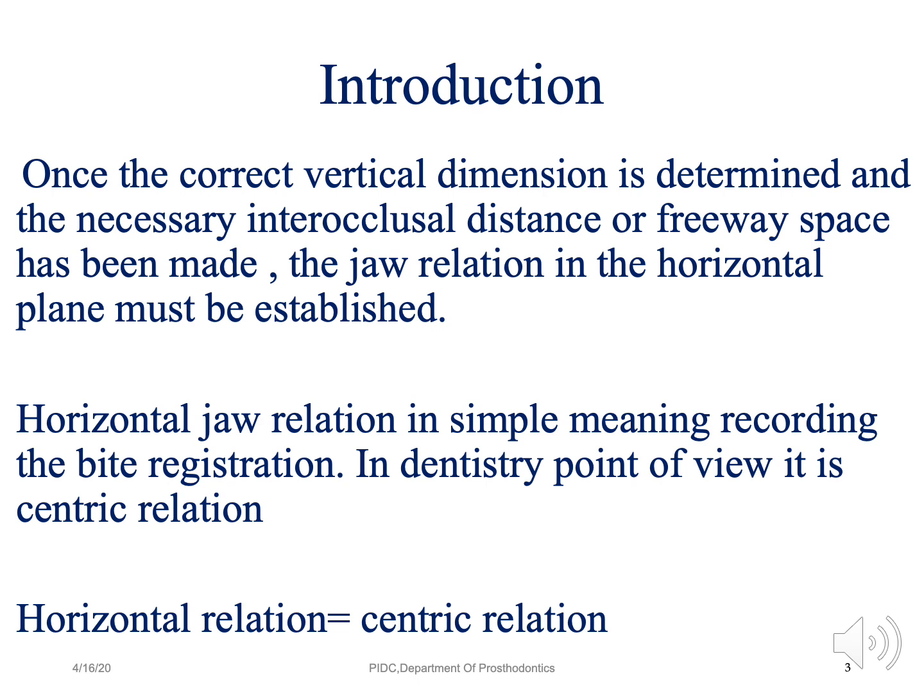That means you placed your Fox plane, got your interpupillary line parallel to the Fox plane, and your ala-tragus line parallel to the Fox plane. Once you have done this, you put your lower dentures and measured the VDO. You are all done with it. So next, what? After you have finished till this step, what is next? Next is your centric relation, or your horizontal jaw relation. That's what we're going to talk about today.